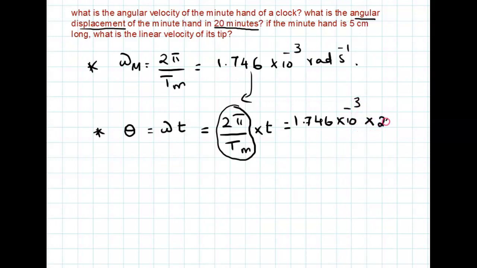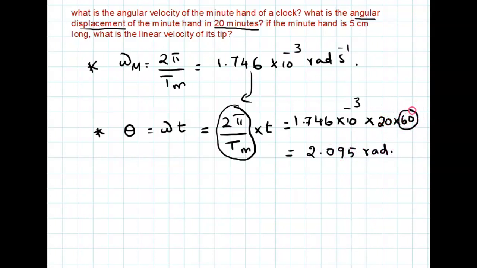Multiply by 20 minutes. We have to convert it into seconds, otherwise you cannot give radian per second; it will be radian per minute. So here the answer is 2.095 radian.